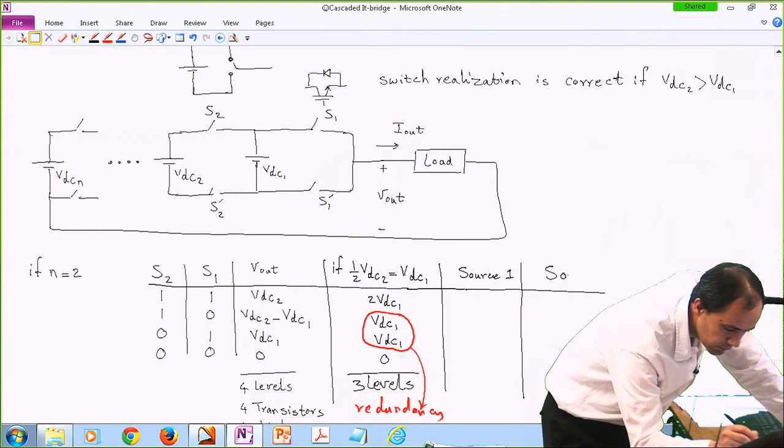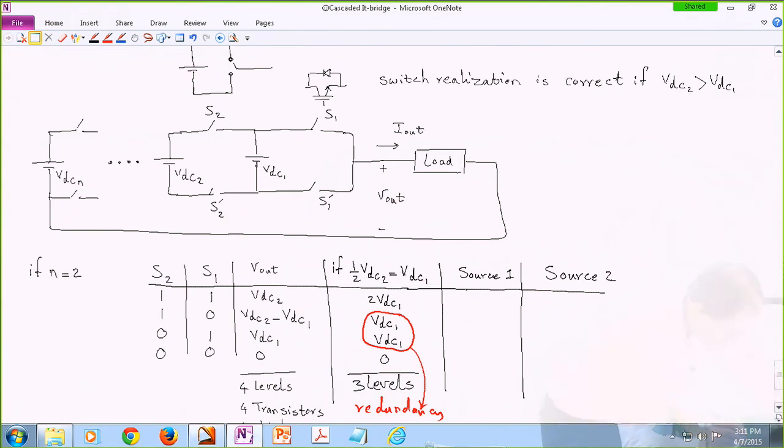Let's do source 2 and source 1, because source 2 is on the left and source 1 is on the right. So this will be discharged, and nothing, and nothing. And when it comes to source 1, nothing in the first mode, then it will be charged, and then discharged, and then nothing. This is assuming that the output current is positive.